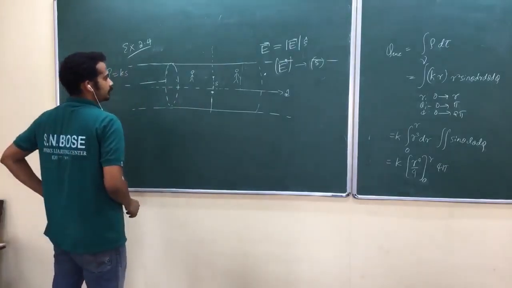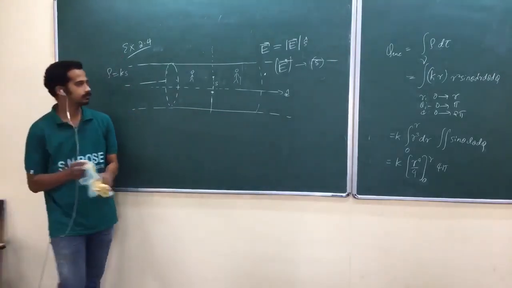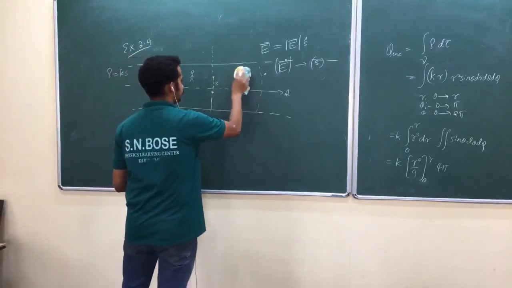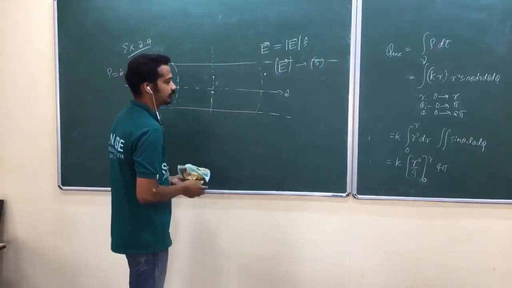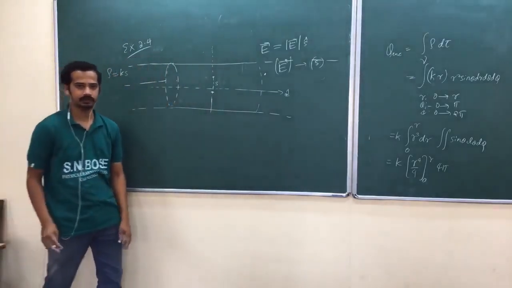Next is how to draw your Gaussian surface. The first thing is that the Gaussian surface should pass through your point of interest.